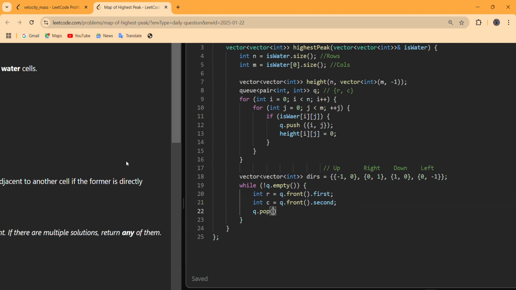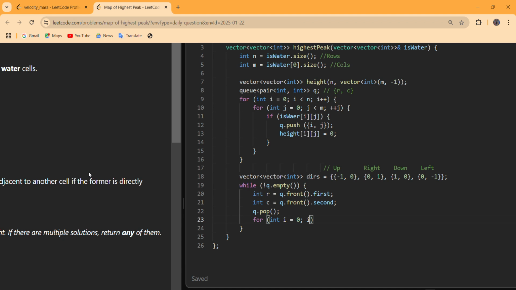Now we should pop out the first pair present in the queue. Now for every r comma c, we have to move in all four directions: up, right, down, and left.